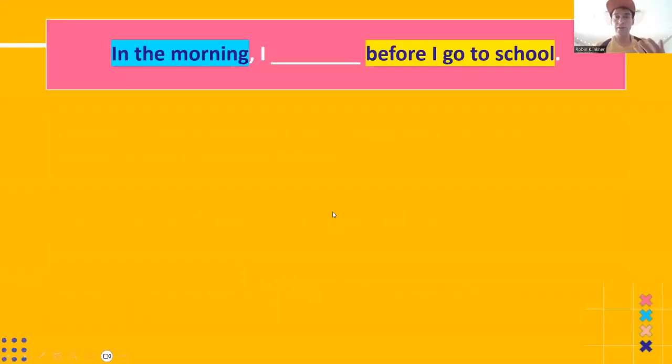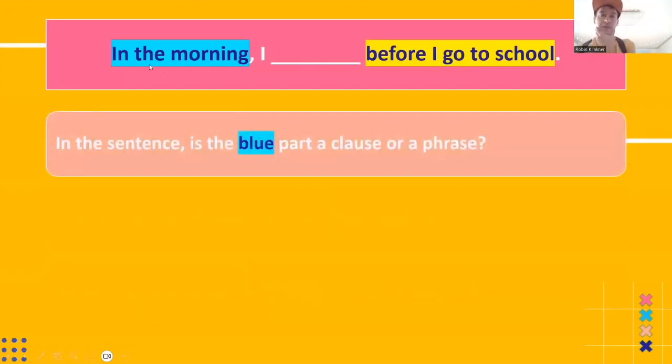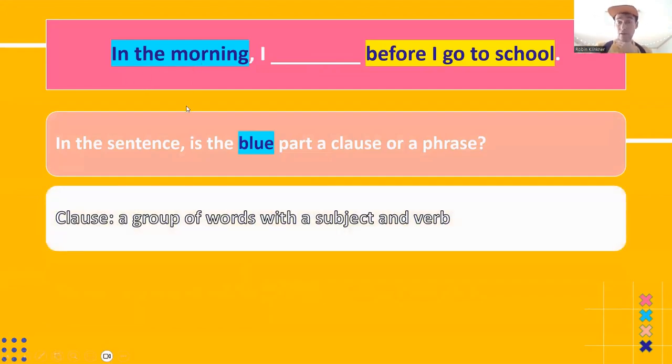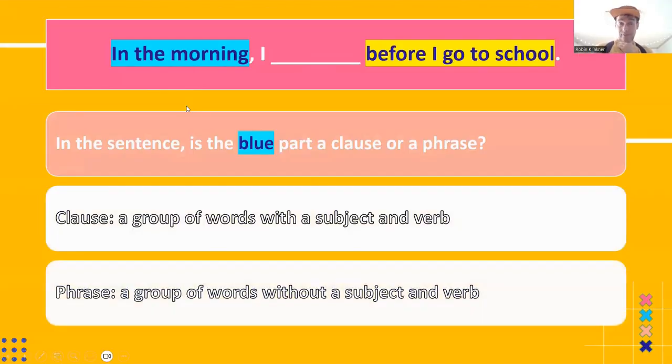So here is a sentence that's missing the verb. In the sentence, is the blue part, in the morning, a clause or a phrase? In the morning. Does in the morning have a subject and a verb?